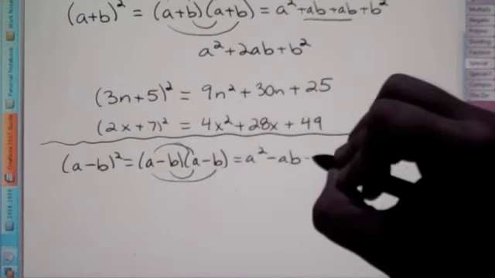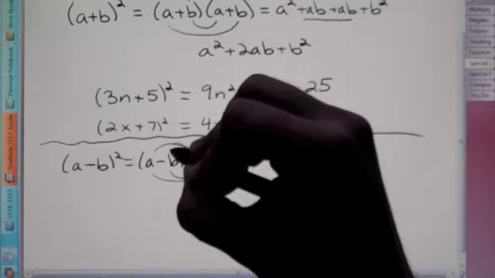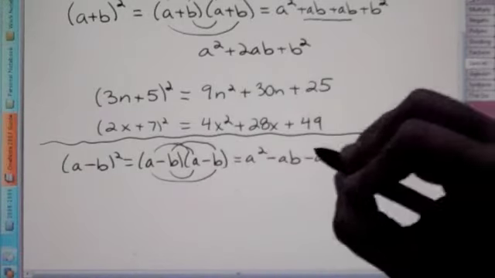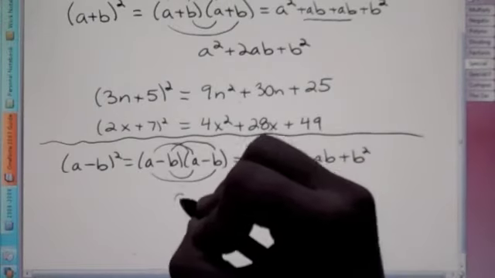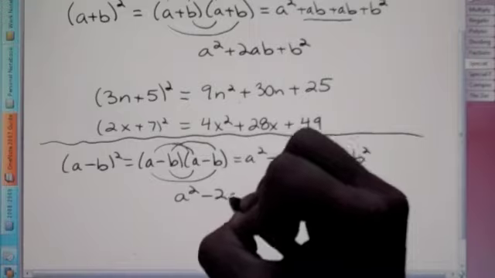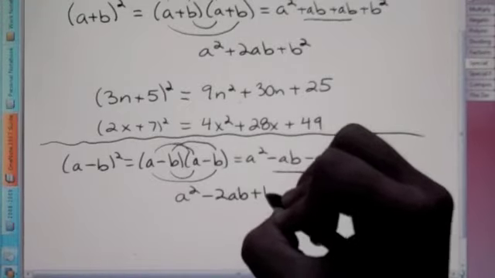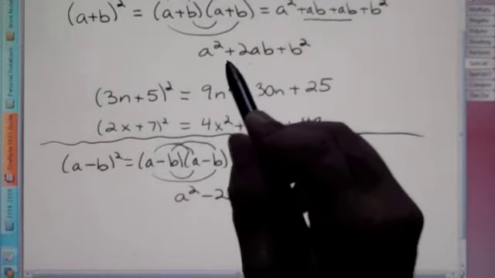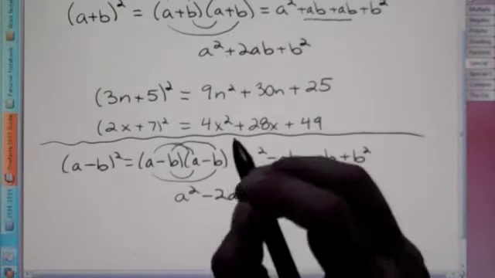Negative b times a is also a negative ab. And negative b times negative b is a positive b squared. So our format here is going to be a squared minus 2ab plus b squared. So this is very much similar to this one. All that's different is this symbol right here is a minus.